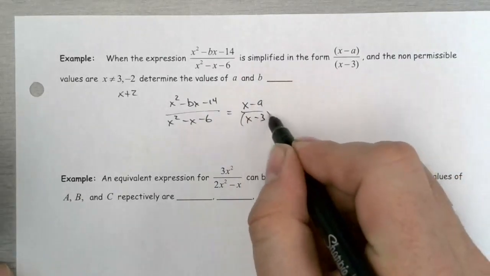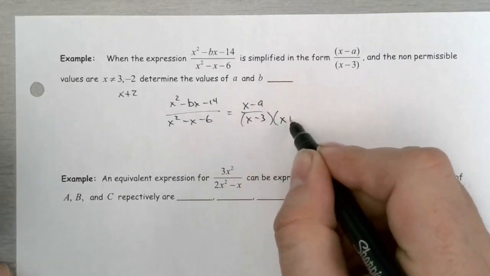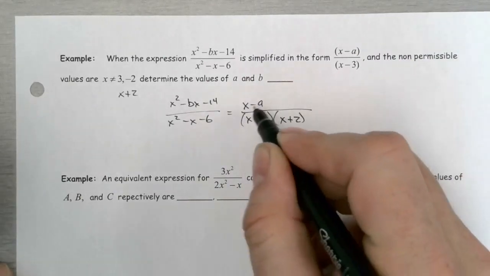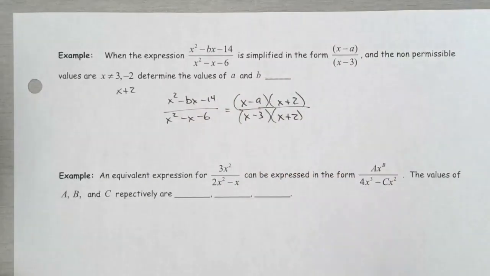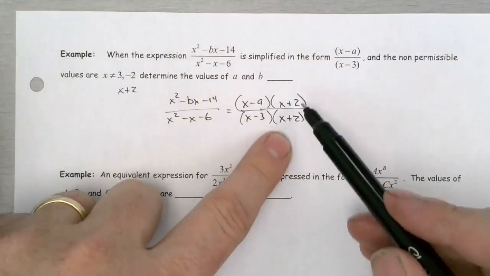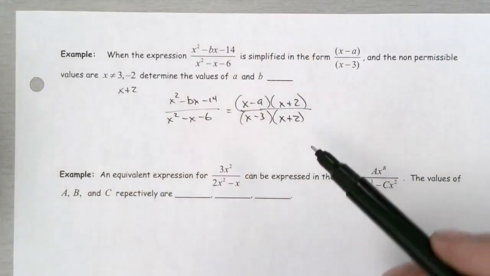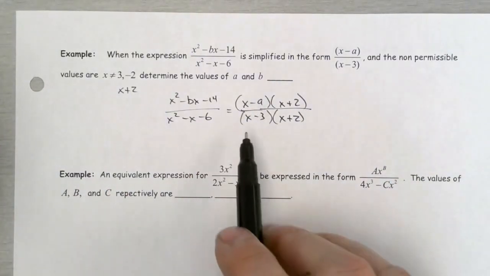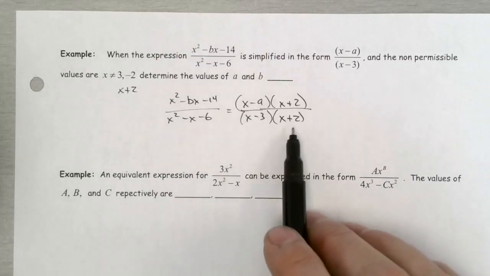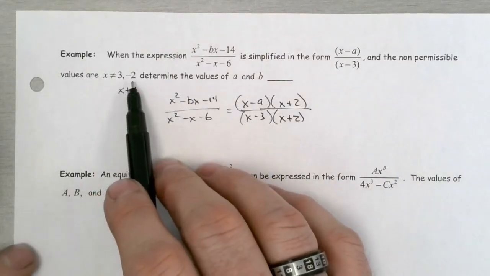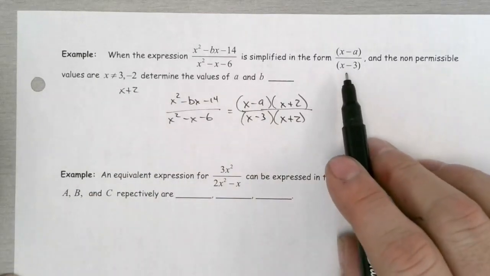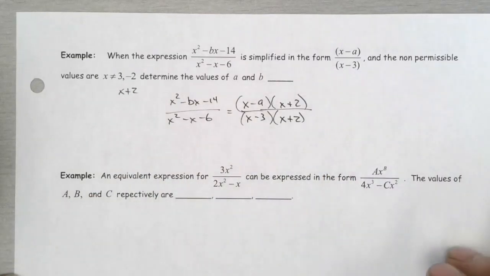However, if I multiply this now by x plus 2, in the numerator and the denominator, well, now they're equal because now all I've done is multiplied by 1. So that actually hasn't changed really anything here. But what I have done is introduced that second non-permissible that wasn't clear to us in the simplified form.